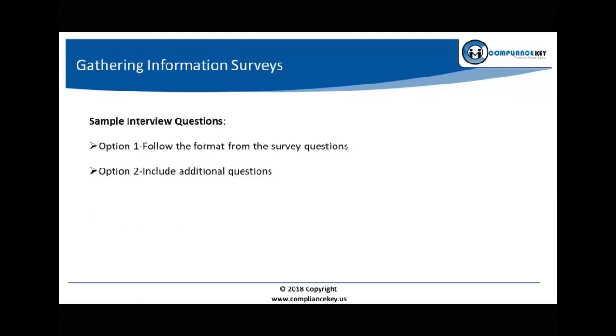Okay. So in terms of how to approach the actual interview questions, the first thing you can do is just follow the format from the survey questions, listing out those top 3 risks, asking those follow-up questions, and going at it from that particular approach.